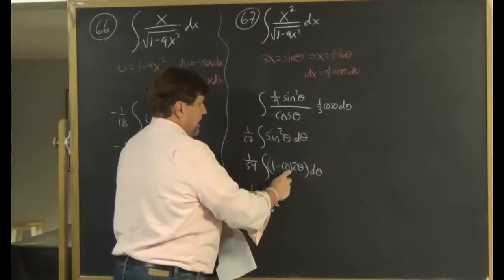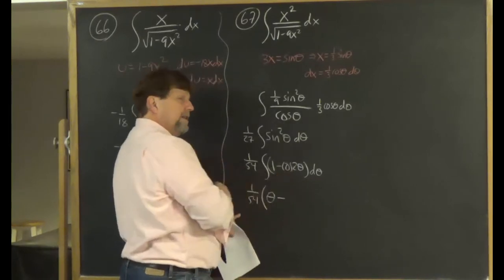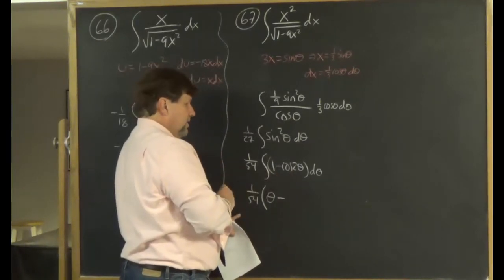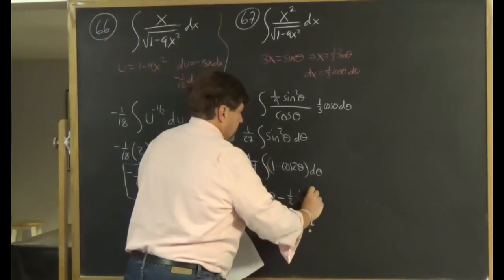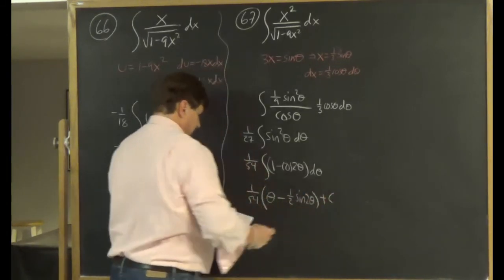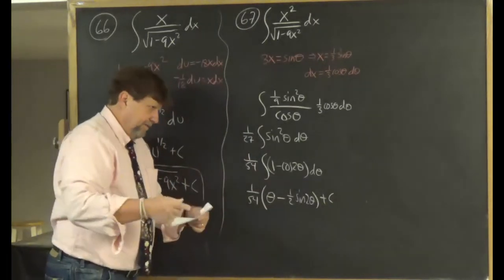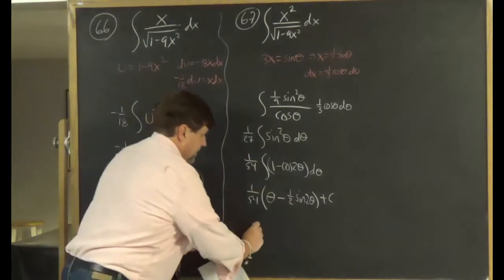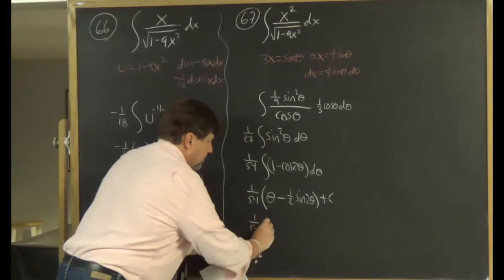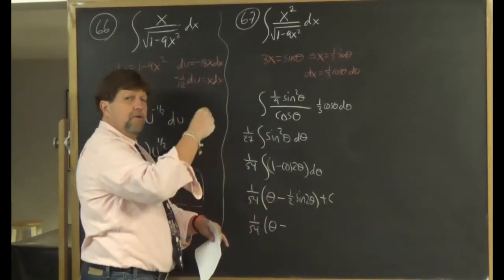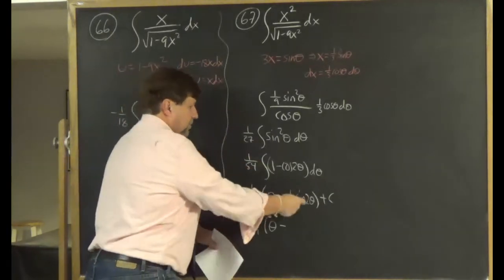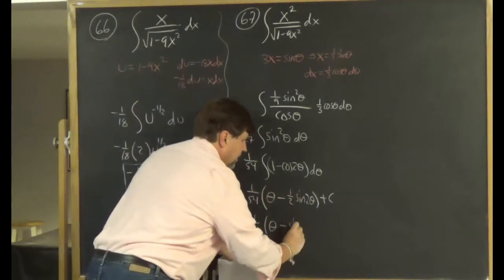So it's theta minus, see the antiderivative of cosine 2 theta is 1/2 sine 2 theta. And just kind of looking ahead, sine 2 theta is 2 sine theta cosine theta, so 1/2 times 2 is 1.